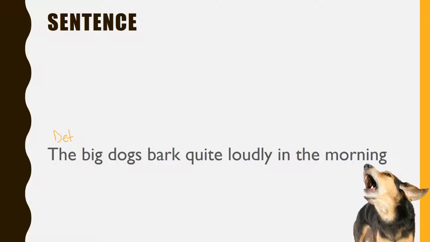Okay, I'm going to use purple. I have a determiner, I have an adjective. This adjective is part of an adjective phrase. Here I have a noun. Okay, so actually these three are part of my noun phrase.